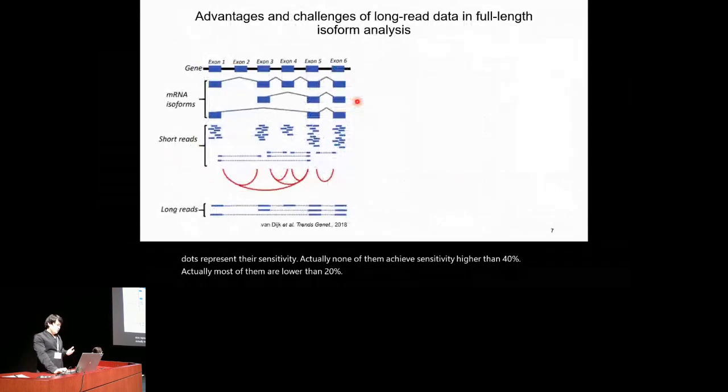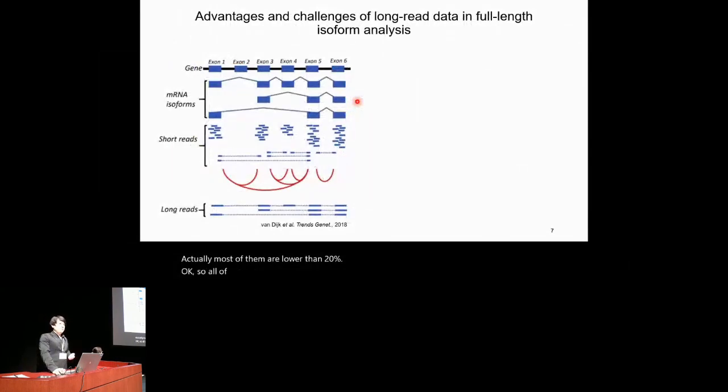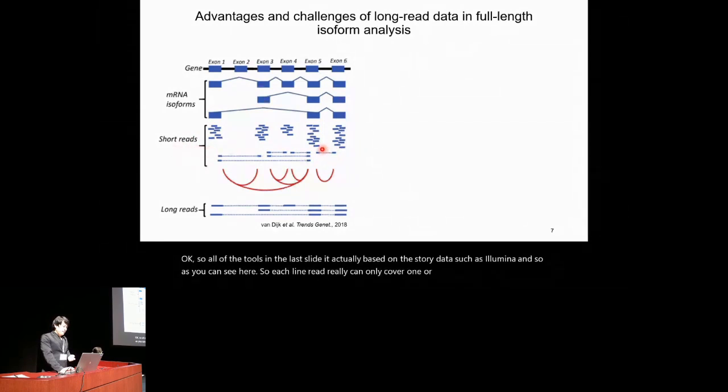Okay, so all of the tools in the last slide are actually based on short-read data, such as Illumina. As you can see here, each Illumina read usually can only cover 1 or 2 exons. And we know that for higher eukaryotic organisms, such as human, usually each transcript contains 8 exons or more, with a total length of more than 1,000 nucleotides on average.